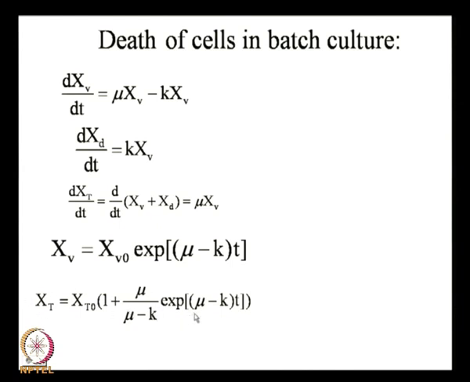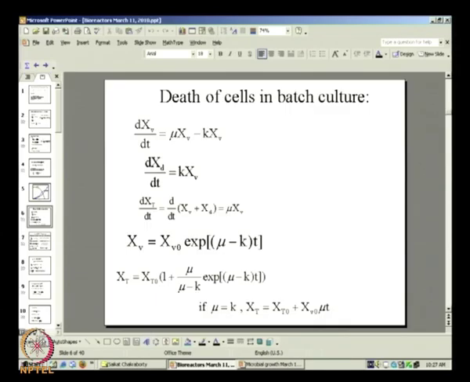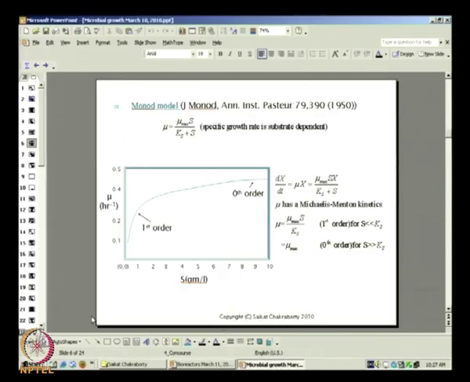When mu is less than k, then it starts to decay in the death phase. So typically in the first part, mu is much larger than k, so it keeps increasing, and then when mu is close to k, it's in the stationary phase, and then it goes to decay.